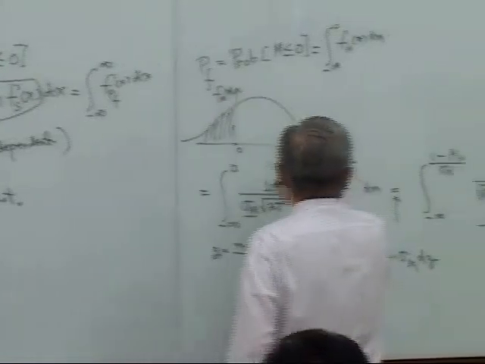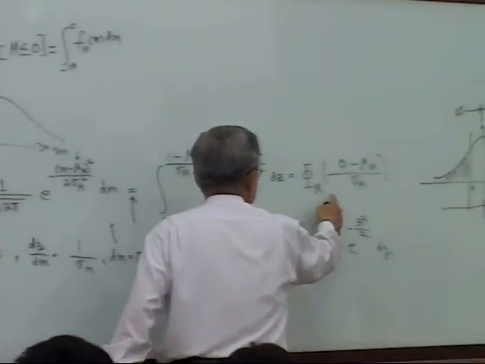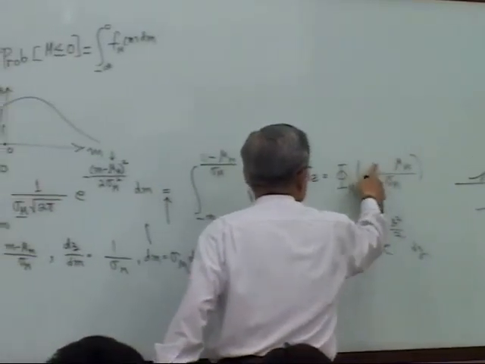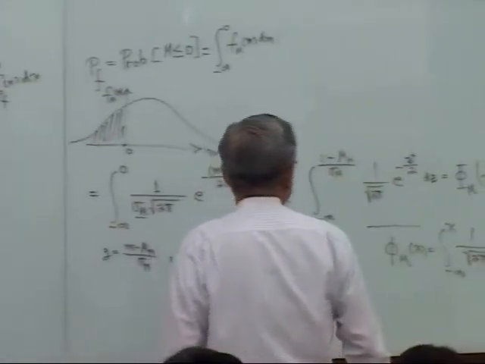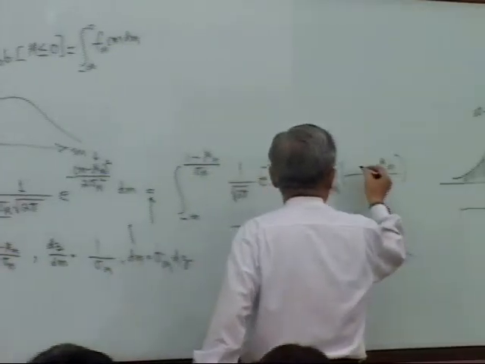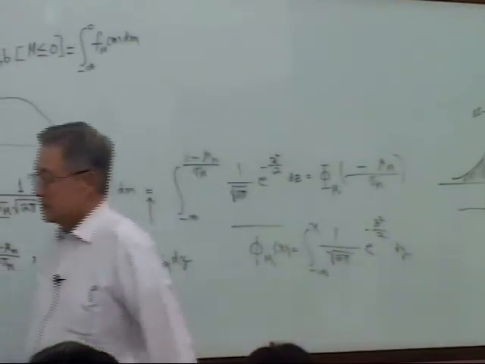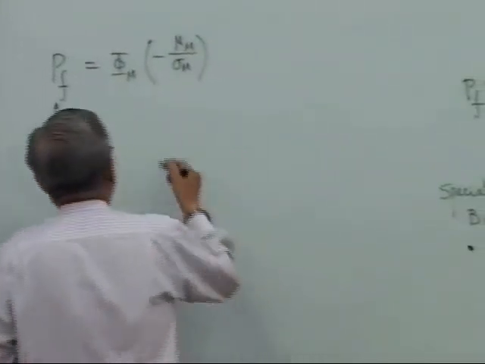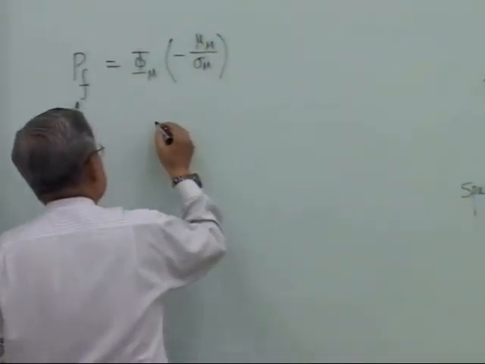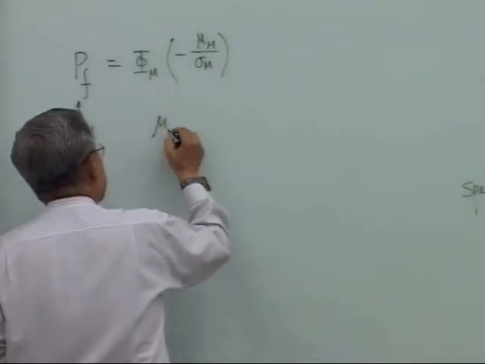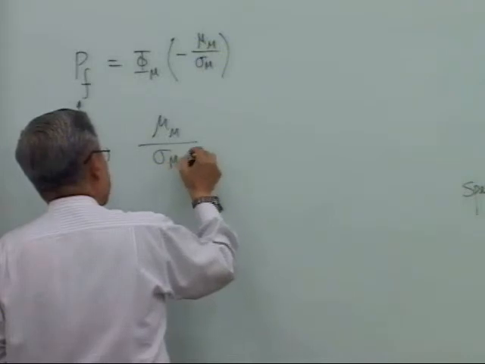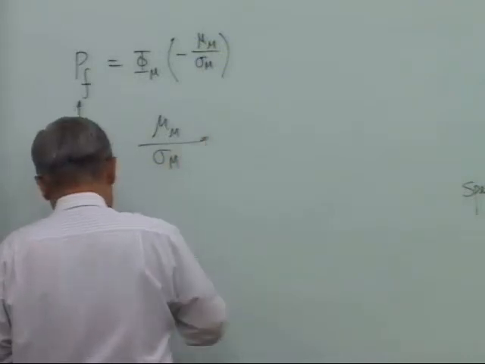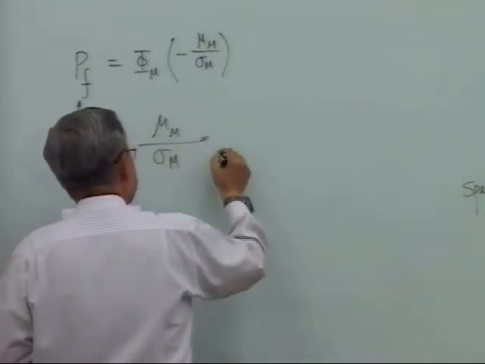So it's a continuation up to here, which is minus, and this term mu m over sigma m has a special meaning.